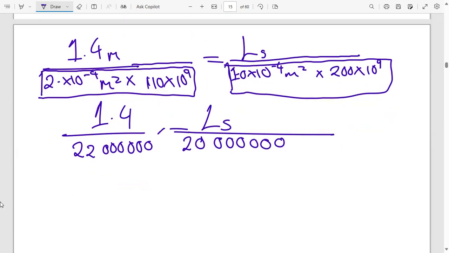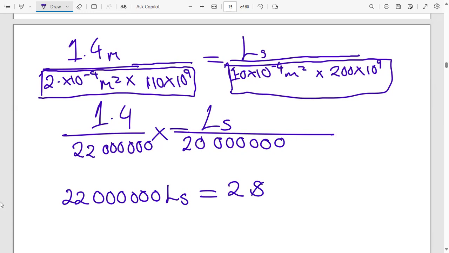If I cross multiply this, I'm going to get 22 million L for steel, which is equal to 20 million multiplied by 1.4, giving me 28 million, and that divided by 22 million.